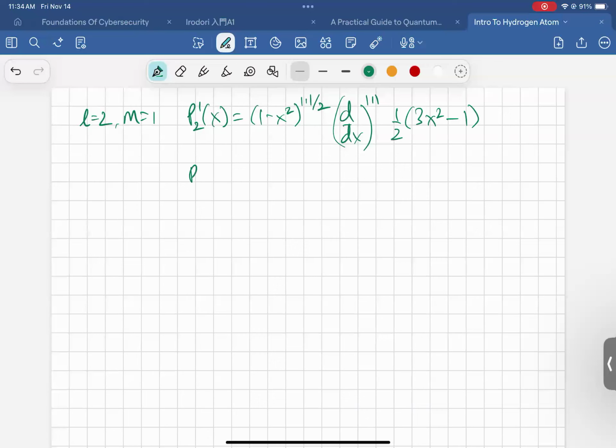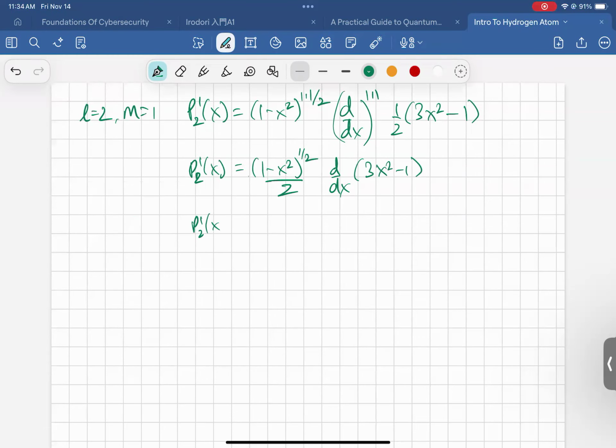So P21 of x ay equal sa 1 minus x squared square root, times 1 half, and then yung first derivative ng 3x squared minus 1, which is 6x.